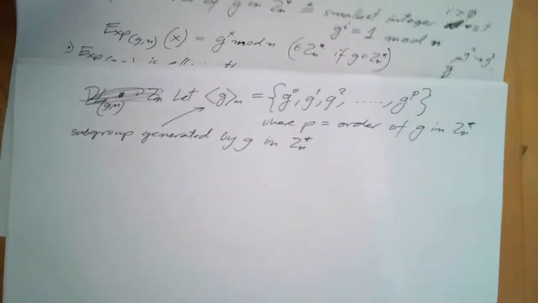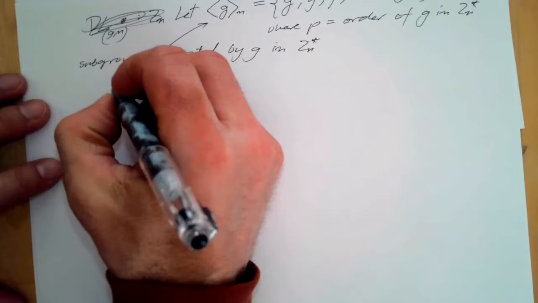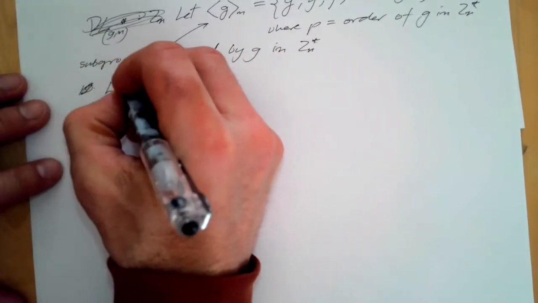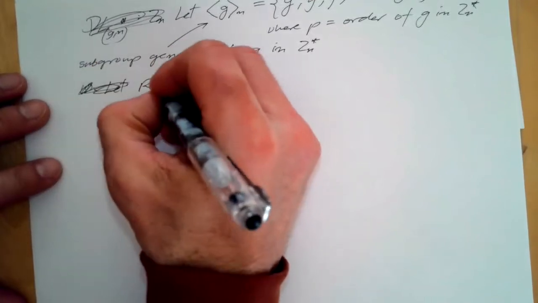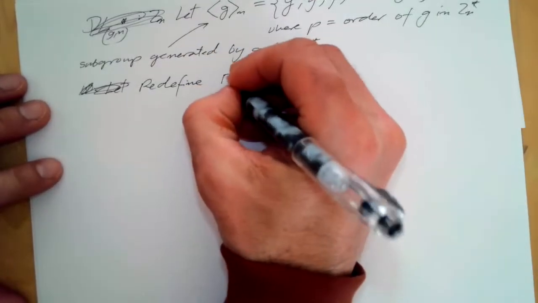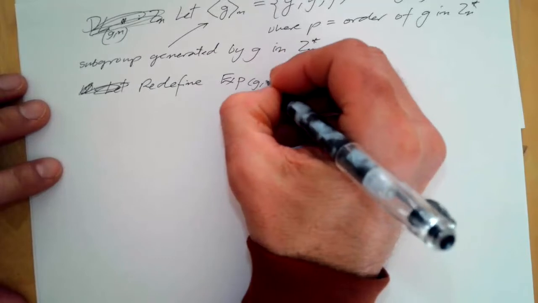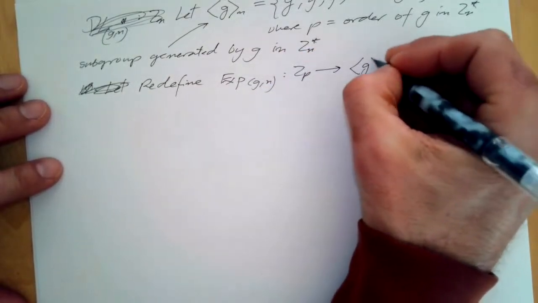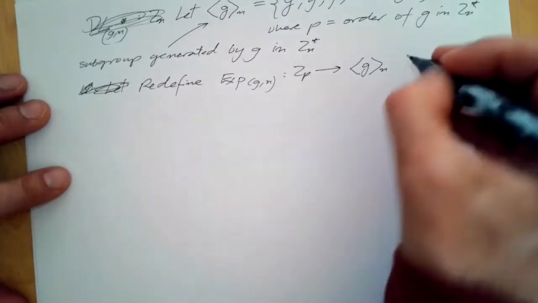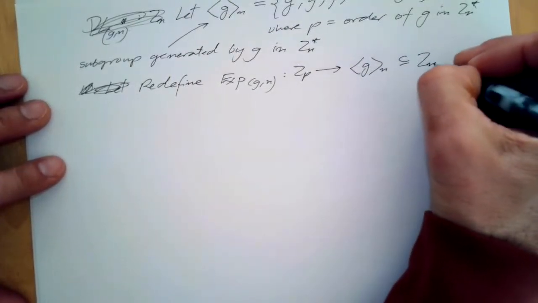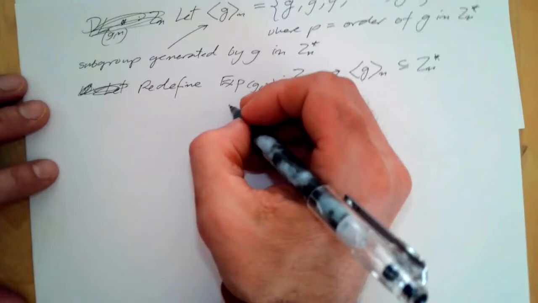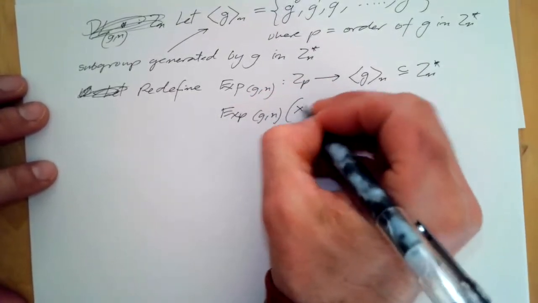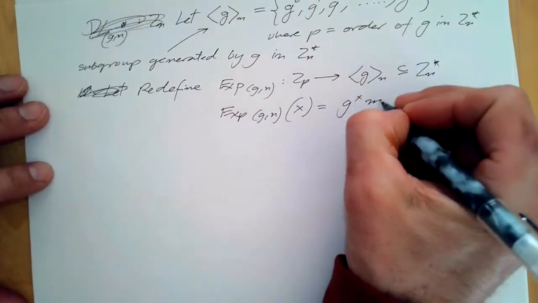Okay, so let's redefine exp as a function that has this range. It's some subset of Z star, but it's the same function: exp_{g,n}(x) is g to the x mod n.